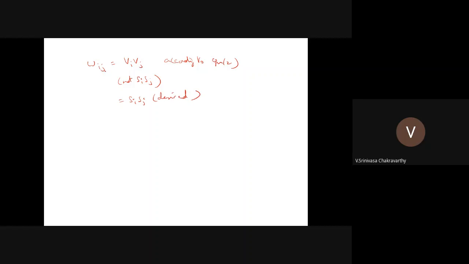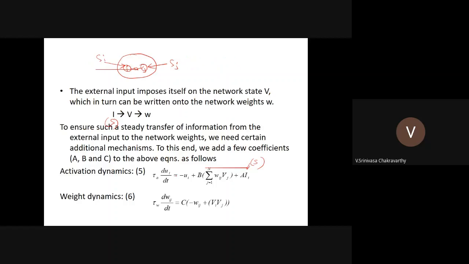Because if the network is learning, Ws are changing so that they are equal to Vi, Vj, or on an average. Suppose initial weights of the network are wrong, the Wijs are some random values. According to this equation, Vi, Vjs are some random state of the network.